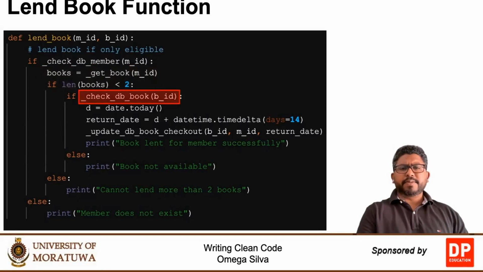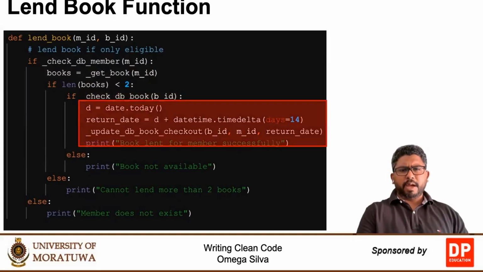Thereafter, it checks whether the book is in the database. So the name suggests check DB book. But again, relating this to the flow diagram, this seems to be the function which checks the book's availability. After that, if all three validations are successful, it calculates the return date. Now this is very clear because the variable name used is actually return date. So it gives me an indication the logic highlighted is about calculating the return date.